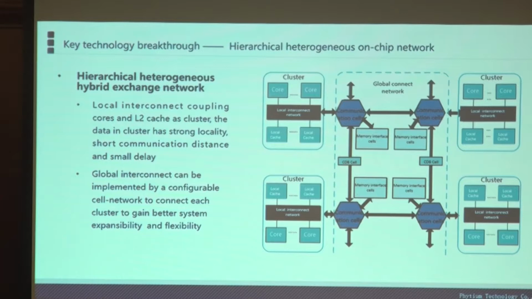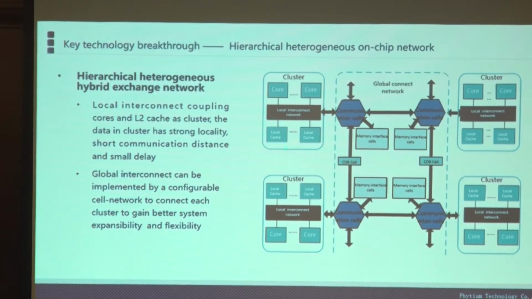Now I have described the architecture of our core, and except for the core, another important part is the network of the CPU. In our CPU, we use a hierarchical, heterogeneous, hybrid exchange network. Here, the local interconnect couples cores and L2 cache as a cluster.